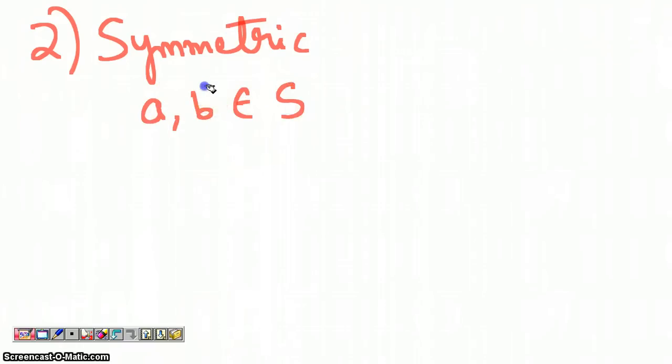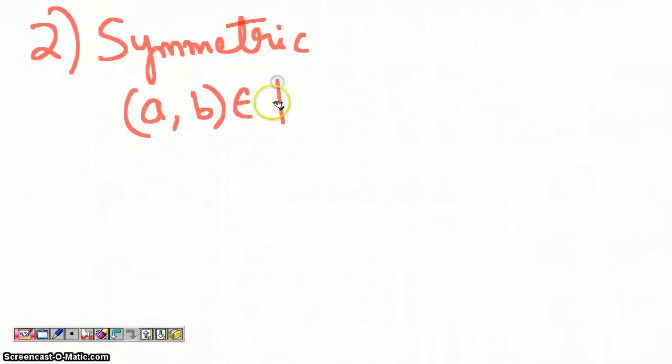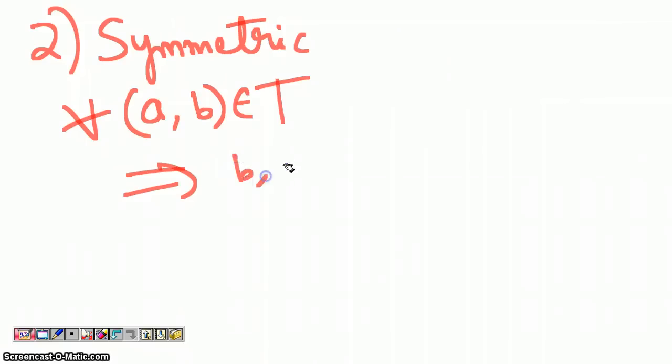The second property is symmetric. When you are given two elements A and B which belong to S, and T is a subset of S cross S, if A comma B belongs to T, then it must imply that B comma A also belongs to T.